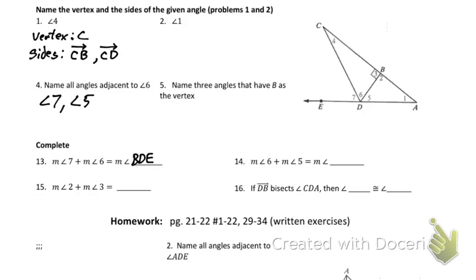So we had angle 6, and then angle 5, that's CDA, is the bigger of the two. Yep.